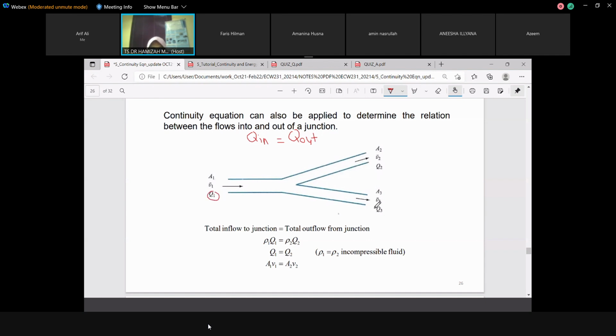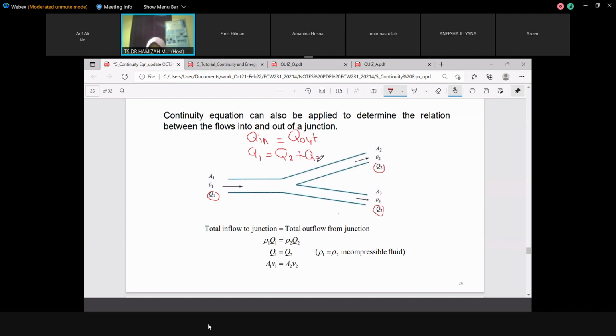We have two pipes, two junctions for out. So Q2 and Q3 are the out points. Okay, and then we need to make an equation based on the pipeline. So we have Q1 equals to Q2 plus Q3.